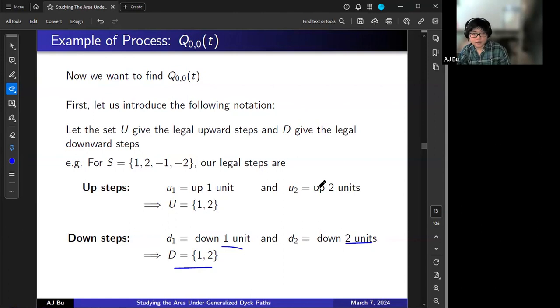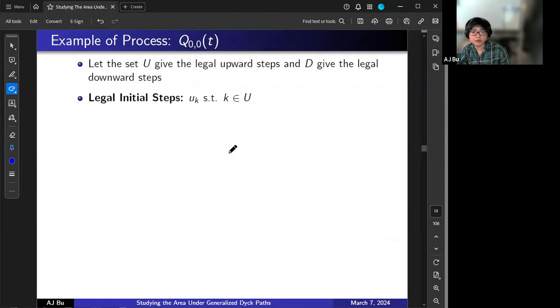Okay, so now that we have that notation, we're going to note that the legal initial steps are going to be the U sub K, such that K is in U. In other words, this is all of the possible positive steps, because our initial step has to be positive.